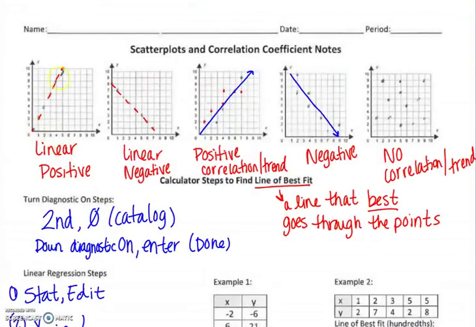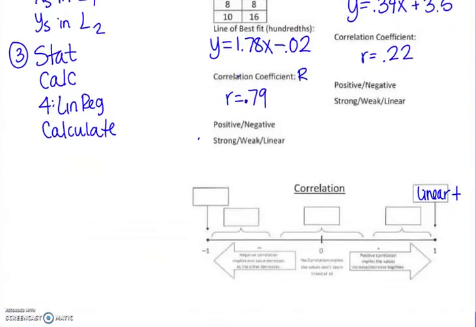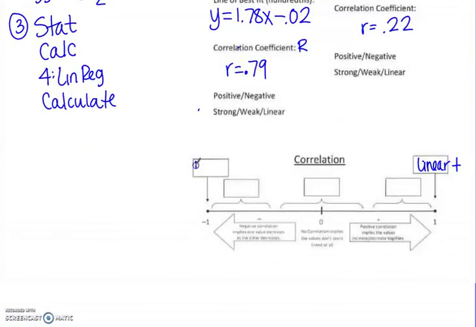Linear and positive means it makes a perfectly straight line. If it is exactly -1, that means it's also linear and it's negative. So it's a perfect line. It's not a scatter plot. It makes a perfect equation. But as you can tell, these aren't positives and negatives because these aren't perfect equations, perfect lines. These are scatter plots.